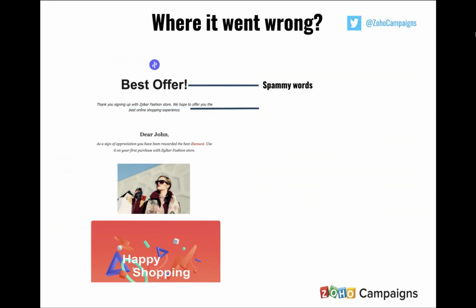Next, in this email, they have not maintained consistency in terms of fonts. So there is discontinuity in font style. And now let's take a look at this. The word discount is in red, which might make it stand out. Nonetheless, any amount of inconsistency always attracts suspicion from the recipient ISPs. And this is a very important point.